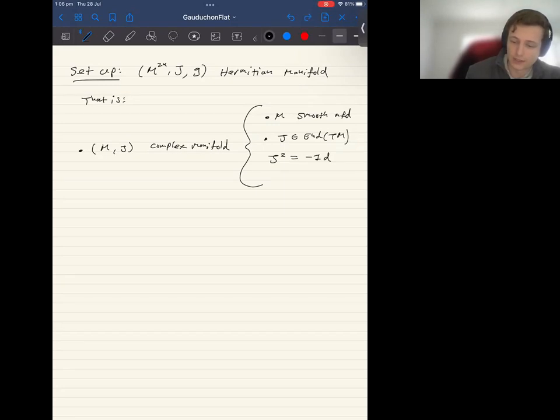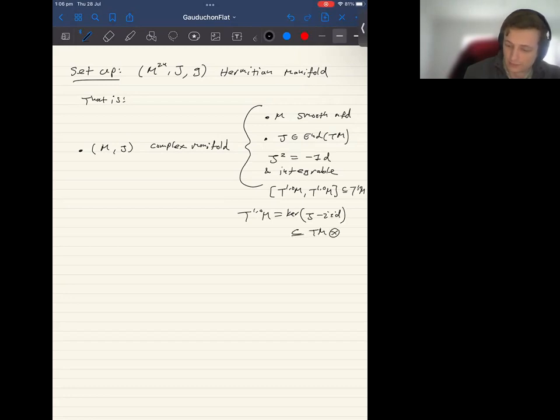It's not quite a complex structure. We need it to play well with the smooth structure. It needs to satisfy a certain integrability condition. The easiest way to write that condition would be that this bundle is involutive, where this bundle is just the plus i eigenbundle of J, considered as a map on the complexification of our tangent space.